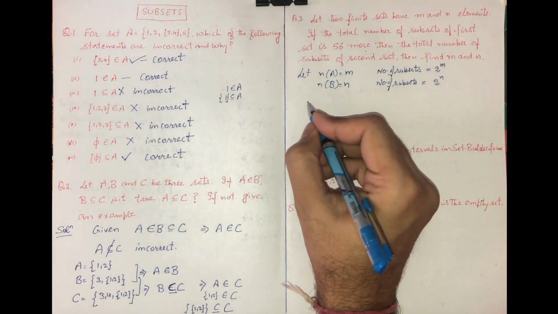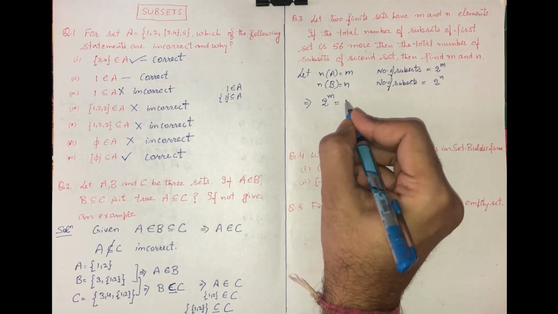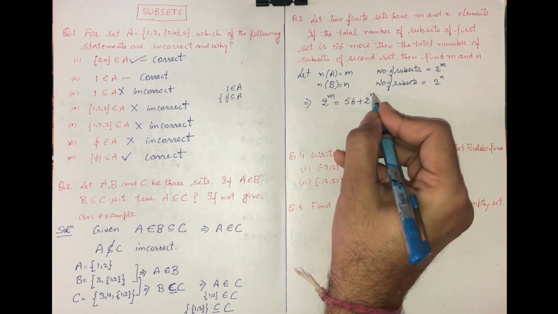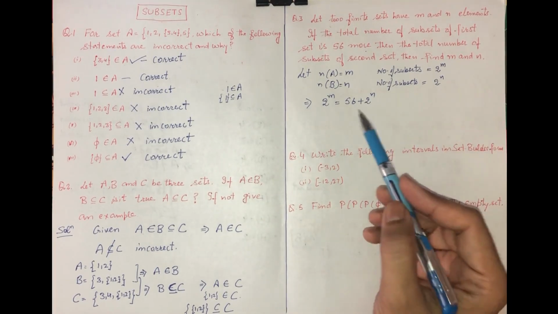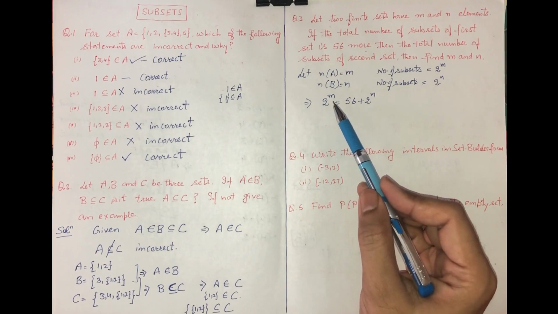That means this implies 2 power M is equal to 56 plus 2 power N. Now we have to calculate value of M and N.